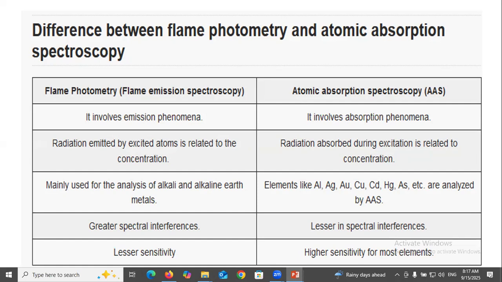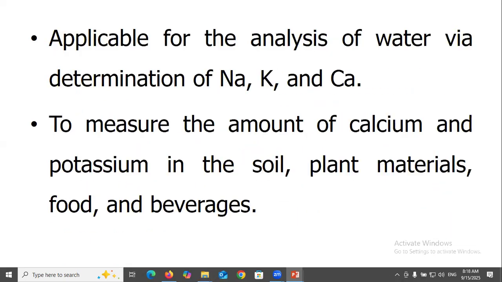Elements like aluminum, silver, gold, copper, cadmium, mercury, arsenic, etc. are analyzed by AAS. Flame photometry has greater spectral interference and lesser sensitivity; AAS has lesser spectral interference and higher sensitivity for most elements.